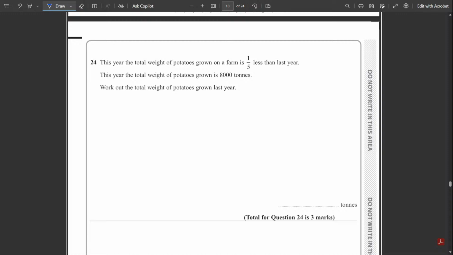Total weight of potatoes grown in a farm is 1/5 less than the last year. And so this year is 1/5, which is 20%, okay, less than the last year.